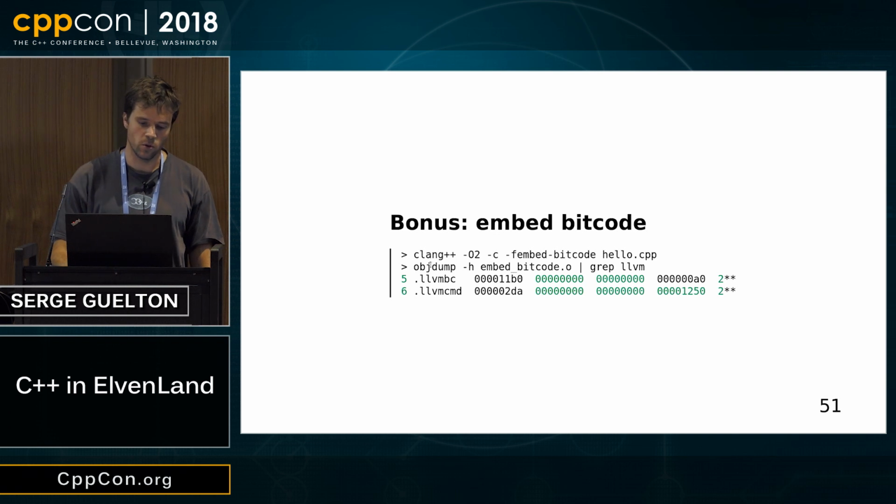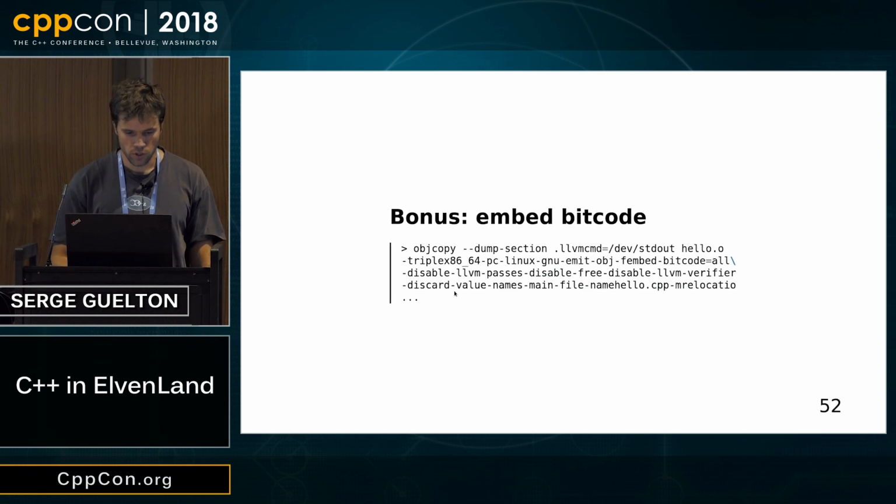So if I call objdump on this object file, I have these two extra sections, LLVM bitcode and LLVM command line. I could use objcopy with the dump-section argument, which tells it the content of this section will be dumped to stdout, but you could save it into a file.